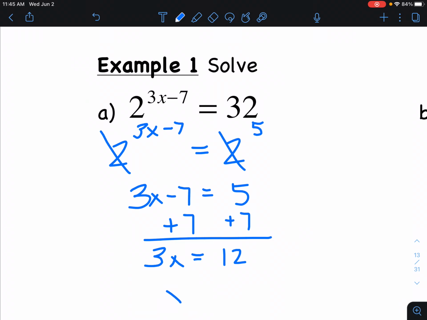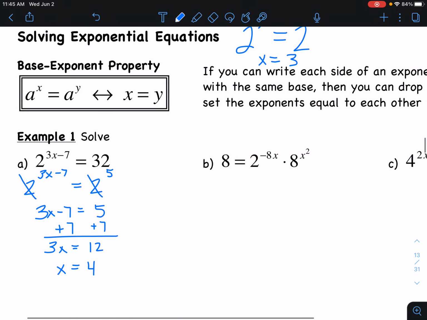And then divide by 3, and you'll have x is 4. So we used the base exponent property, and the paragraph to the right. Our goal here today is to see if, for a bigger number, we can match the base with the smaller numbered base.